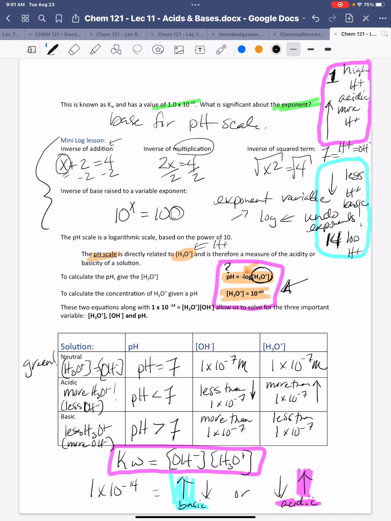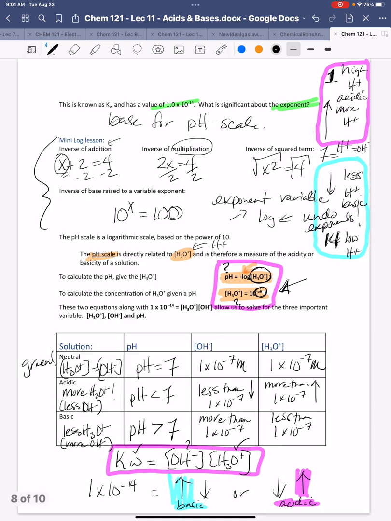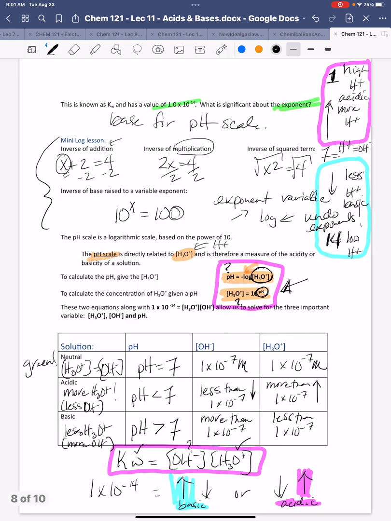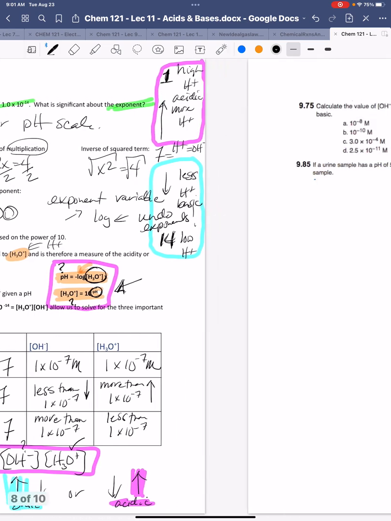For this next one, if you're given the pH and you want to find the H3O plus concentration, that's when this one's going to be used. And then the third one is, you've got this constant and you're going to be given one of these, and you're supposed to find the second one. So you have this formula that has 3 variables in it, and you're going to be given 2, and you're supposed to find the third. So these all work in tandem with one another.